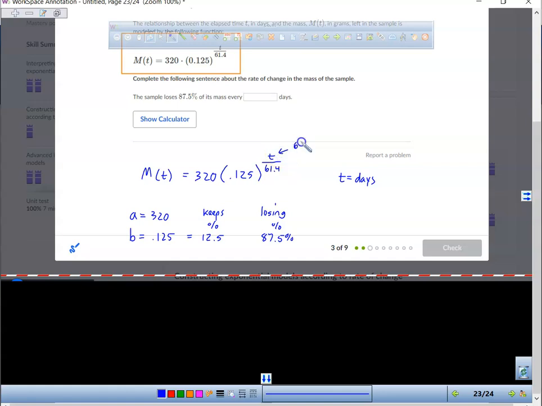It actually would take 61.4 days before it would lose 87.5%. Why? Because 61.4 divided by 61.4 is equal to what number? 1. And so it raises us to the power of 1 every 61.4 days.